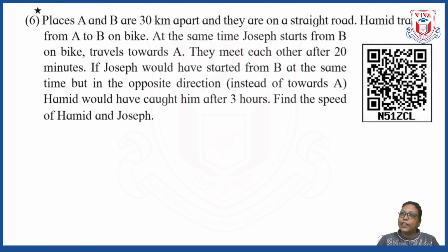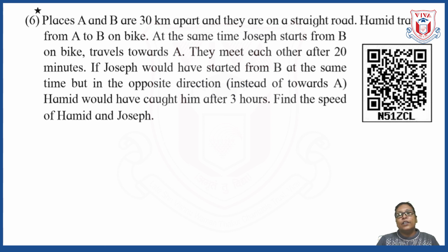So draw a straight line and on that you show two places, that is A and B. And here you will find that there are two cases. In the first case, Hamid and Joseph are traveling towards each other. And in the second case, they are traveling in the same direction. In the first case, they are coming towards each other, but in the second case, it is not so. And in both the cases, the time is provided.